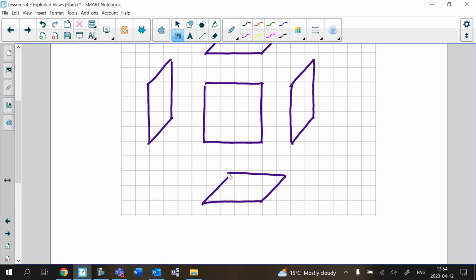Well, I can see this, I can see part of this horizontal, and I can see part of this vertical. So we could do it like that. You're not going to be able to see the entire back in exploded view. And that's going to be the case with pretty much all of these.